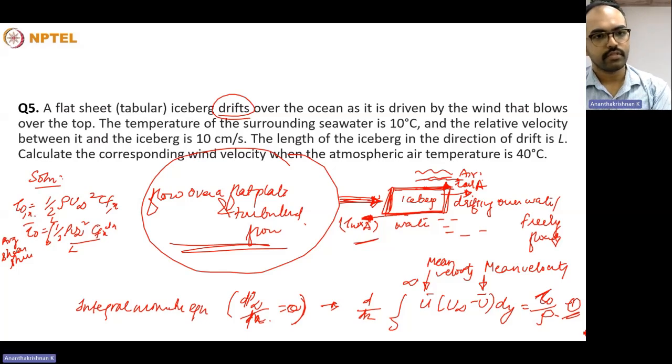Because of that, we could see that both these net forces get cancelled out each other. And it continues to be in a state of free floating because of the initial motion it had.